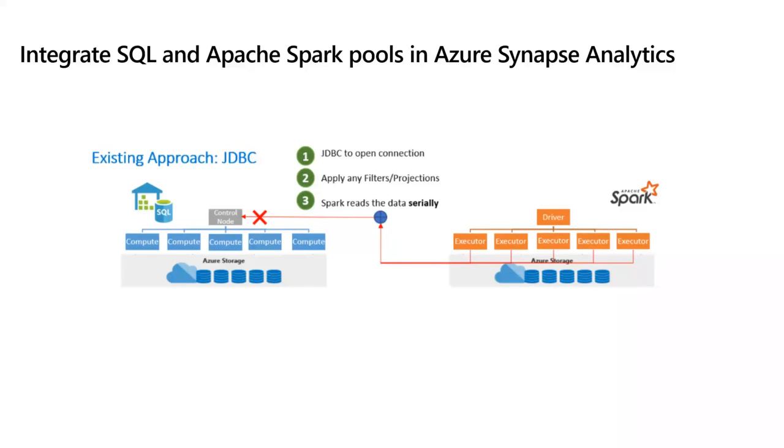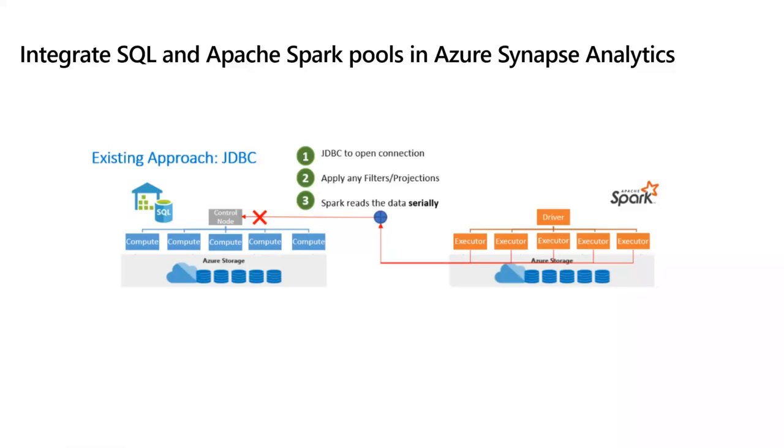So you have here the first approach using JDBC, and we're gonna need to provide a solution here because the transfer of data between the Spark pool and the SQL pool doesn't actually leverage the distributed systems as it could.